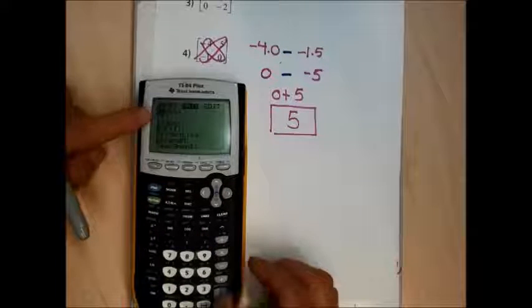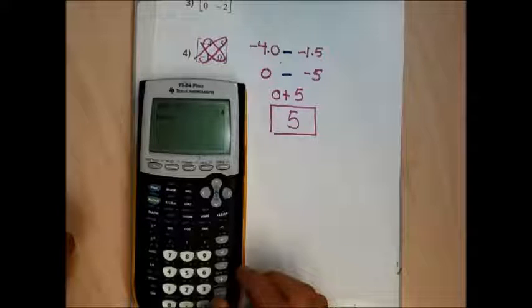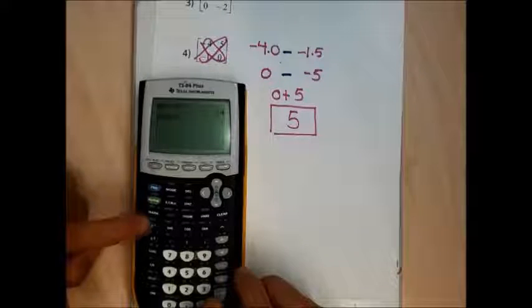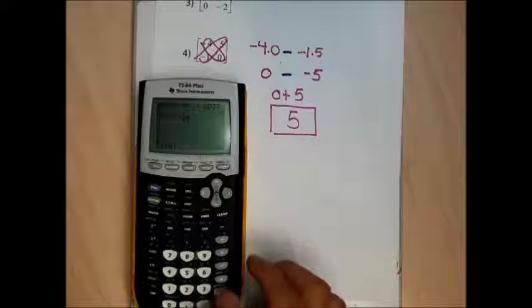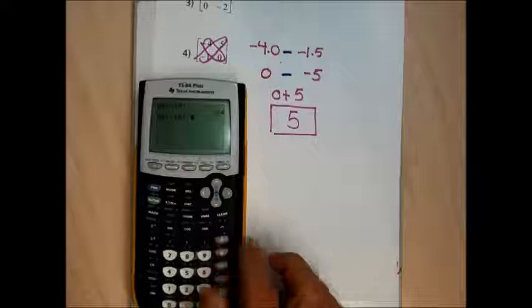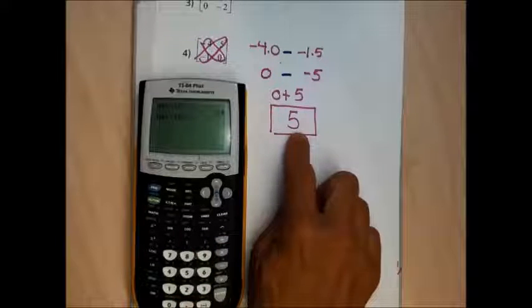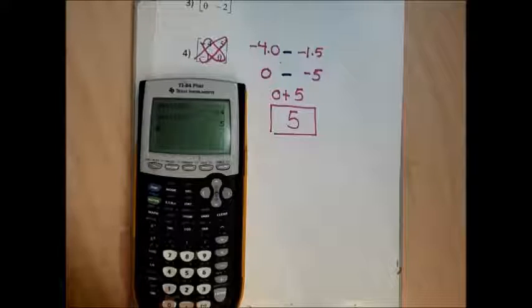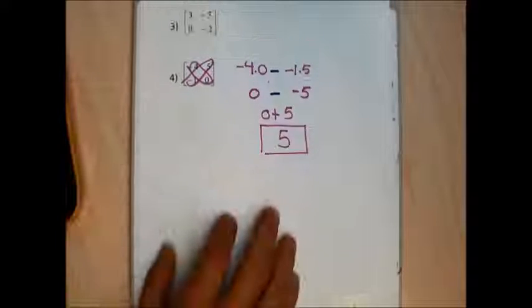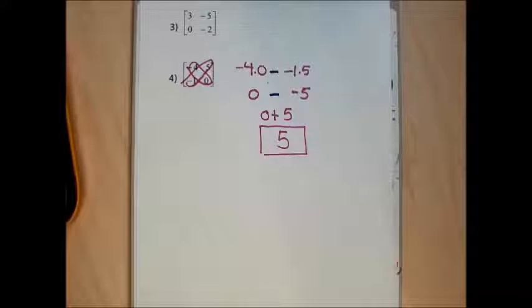Hit enter on DET. Get the A to be in the parentheses. So second matrix, hit enter on A, close my parentheses. When I hit enter, it better give me 5, which it does. So you should be able to do number 3. Whether you do it by hand or on your calculator, it's completely up to you.